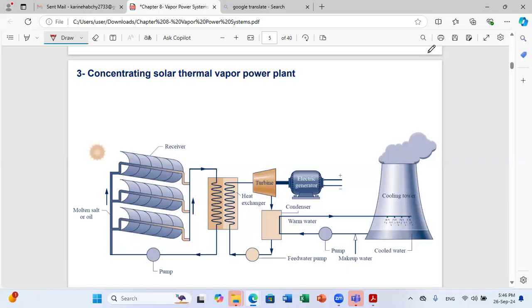So it's very important to know the range of pressures and temperatures we are interested in working with, in order to determine the best type of thermal vapor power plant to use.